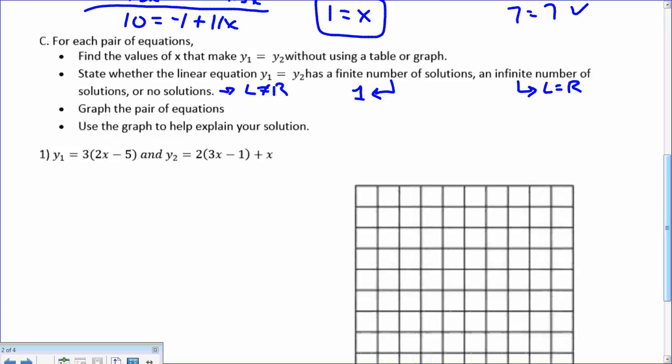So if we take these 2 equations, which we've already solved for, right? Didn't we solve for that on the front page? Nope. All right, let's do it the way they're asking. So let's set these 2 equal to each other.